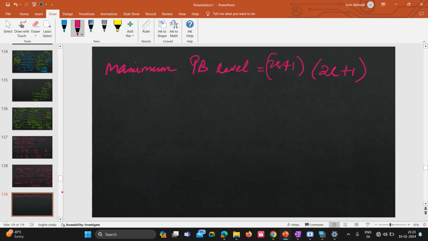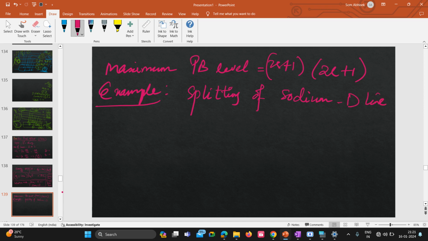Okay, so we will do an example: splitting of sodium D line in the presence of strong magnetic field.